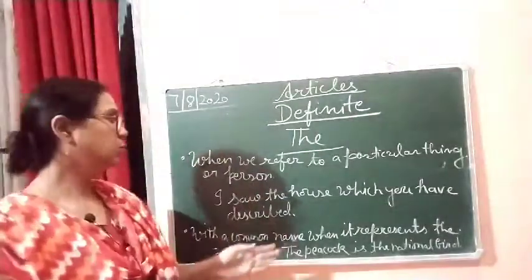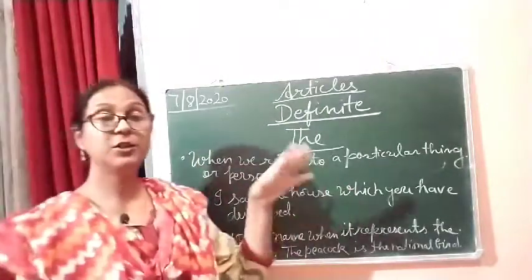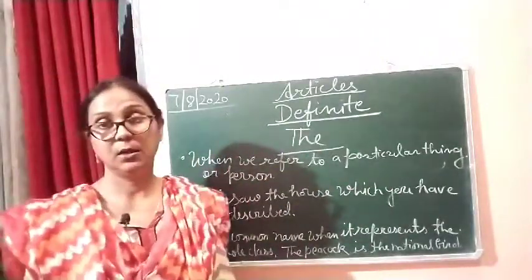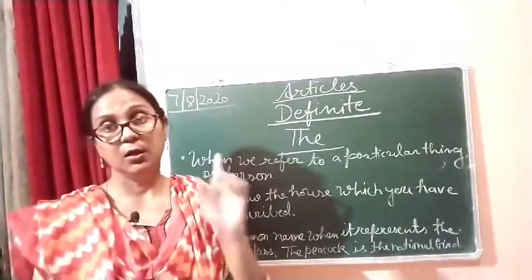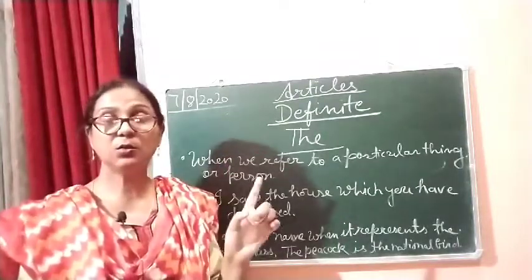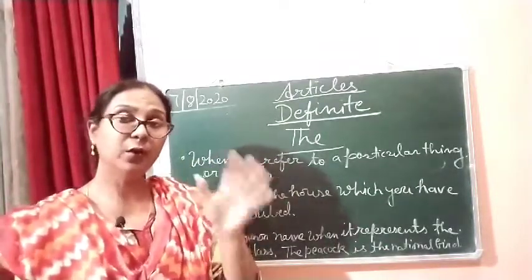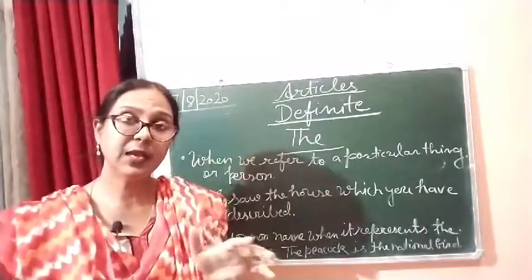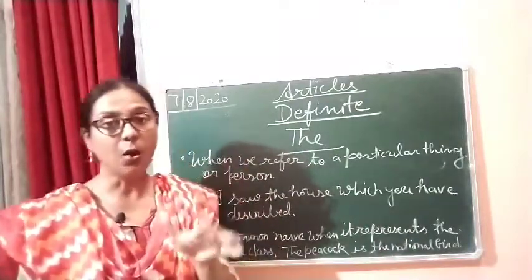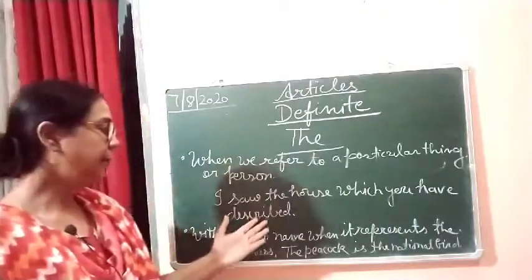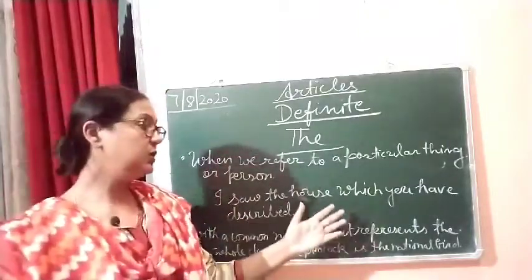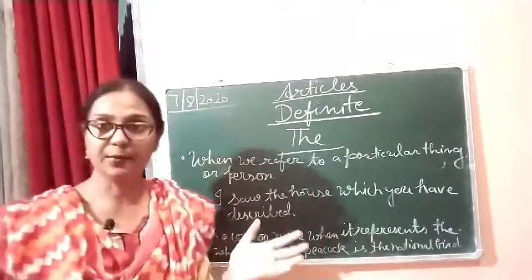The is used when we refer to a particular thing or person. We have to remember this. The is used to emphasize the particular thing or person. For example, I saw the house which you have described.